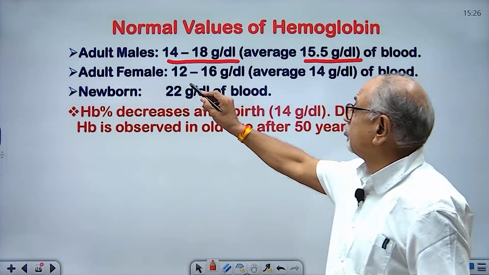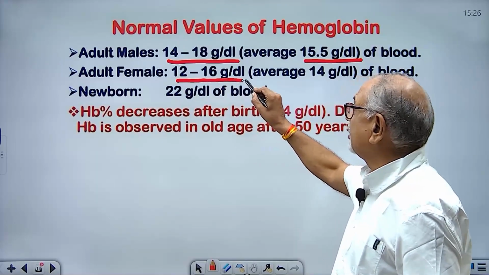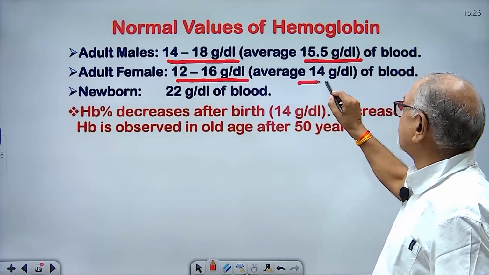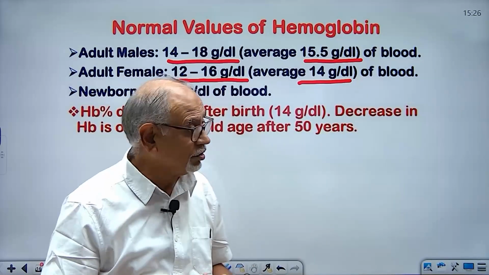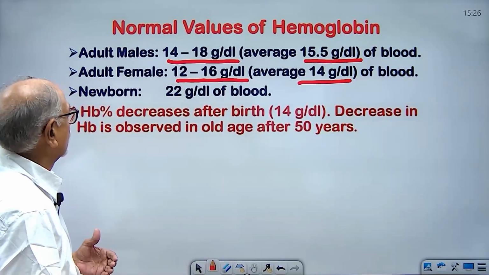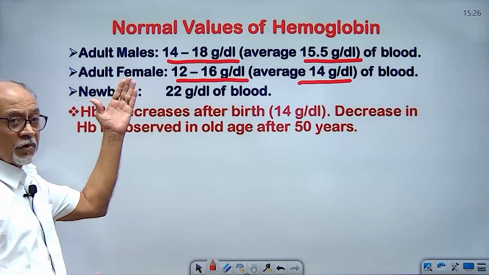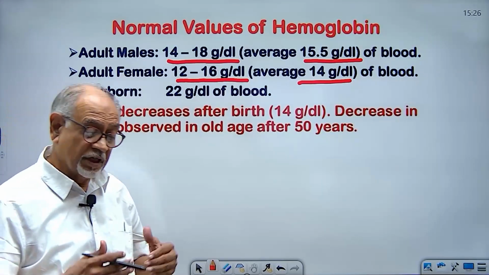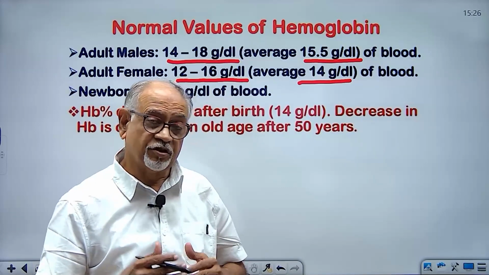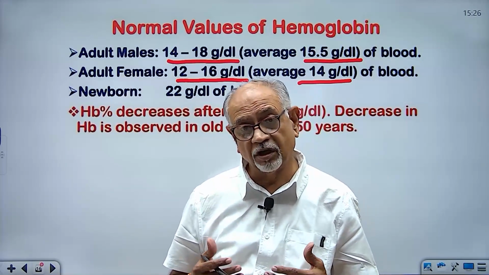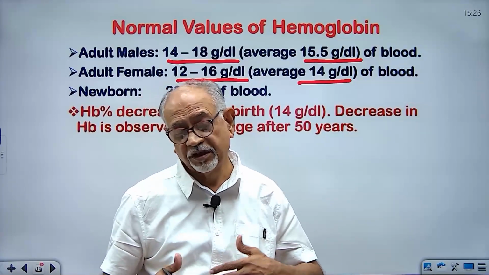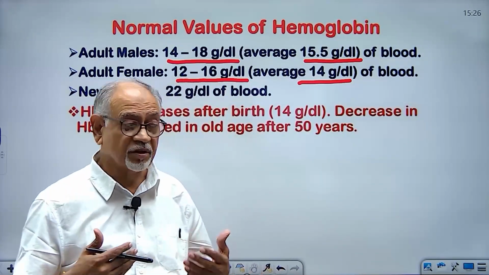It is about 12 to 16 gram per dl. An average value comes about 14 gram per 100 ml. This variation in the amount of hemoglobin in females is due to the menstrual cycle. As you know, a lot of blood loss occurs every month during menses.